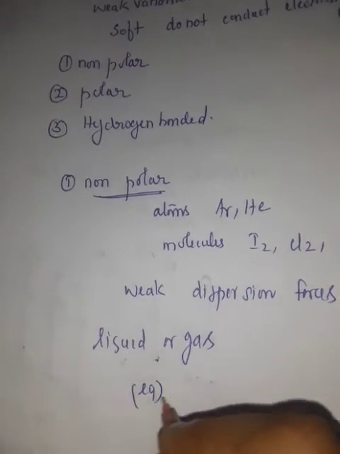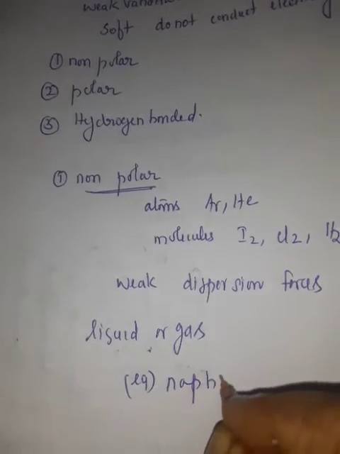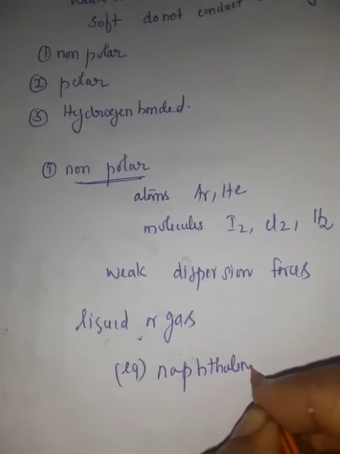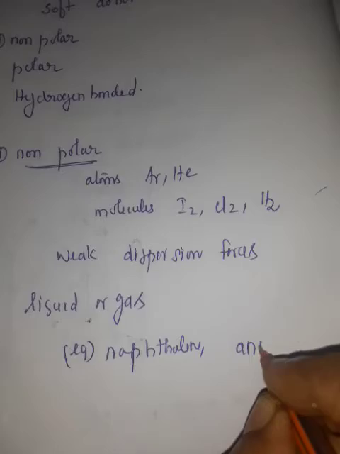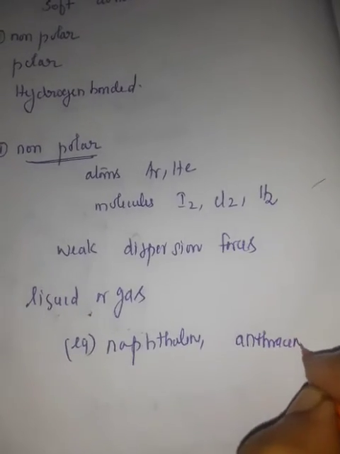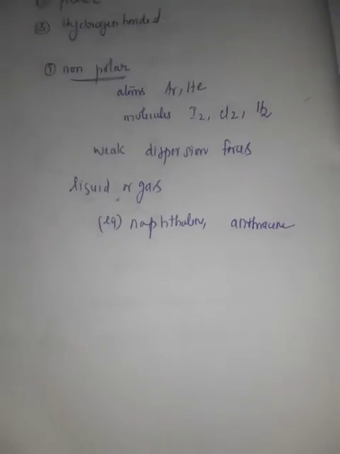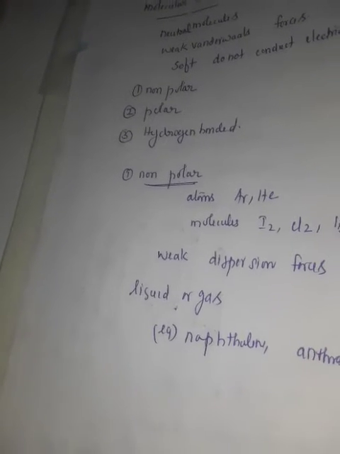Example, naphthalene, using in our home, anthracene. These are non-polar molecular solids. So generally here the atoms or molecules are held together by non-polar covalent bond, that is held by weak dispersion forces or London forces.